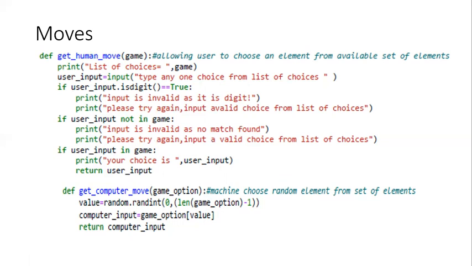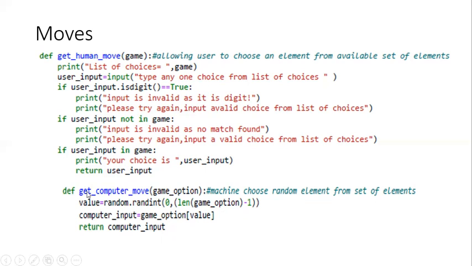So this is another user input, which I have checked. There should be a number, an integer. So I use this isdigit function, an inbuilt function. If this condition is true, then only it will go ahead. Otherwise, it will generate an error.